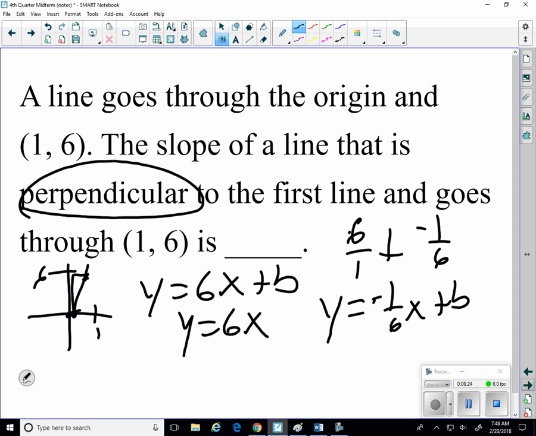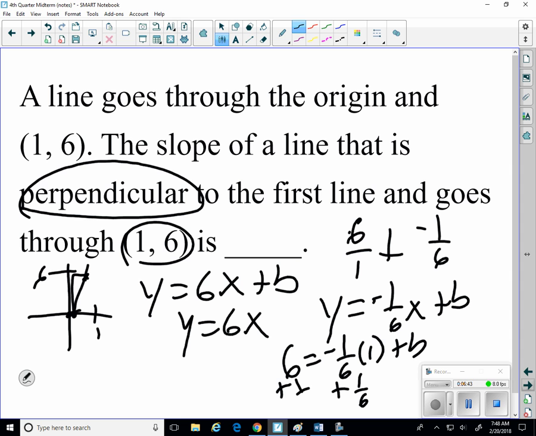If we plug in the point 1, 6, we'd say 6 equals negative 1/6 times 1 plus b. So negative 1/6 times 1 is just negative 1/6, so I add 1/6 to each side. That would be 6 1/6 equals b. So b equals 6 1/6.